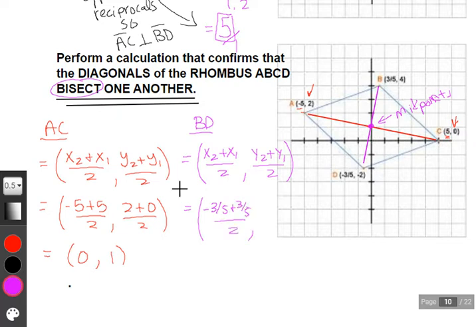And then for the y's, -2 plus 4 over 2. Well, -3/5 plus 3/5, like any negative version of a number plus itself, is going to be 0. 0 divided by 2 is 0. -2 plus 4 is 2. 2 divided by 2 is 1. And so we also end up at (0, 1).